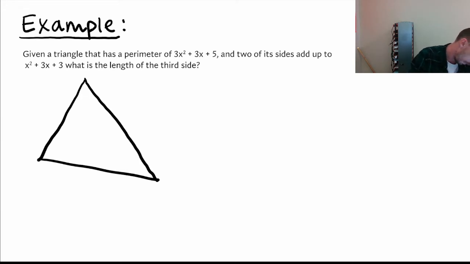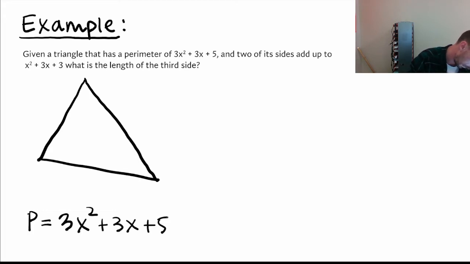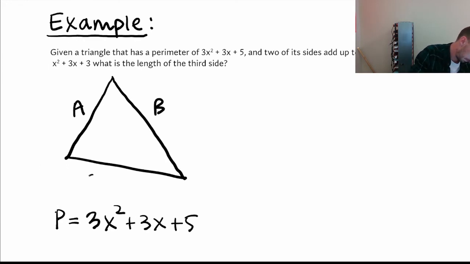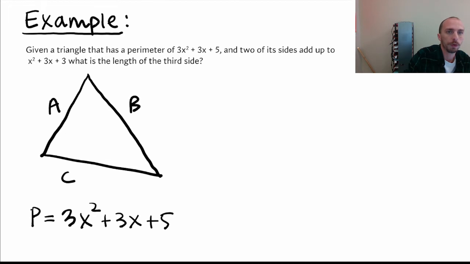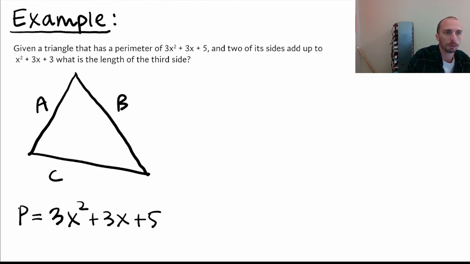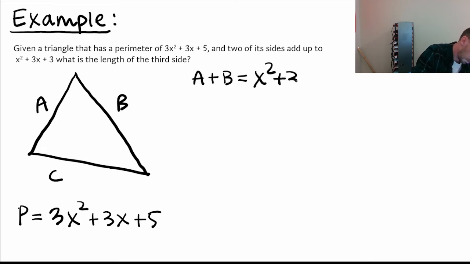Okay, so they say the perimeter equals 3x squared plus 3x plus 5. And two of its sides, maybe I'll call these sides A and B and C, two of the sides add up to x squared plus 3x plus 3. Maybe I'll just say, with no loss of generality, that a plus b are the ones that add to x squared plus 3x plus 3.